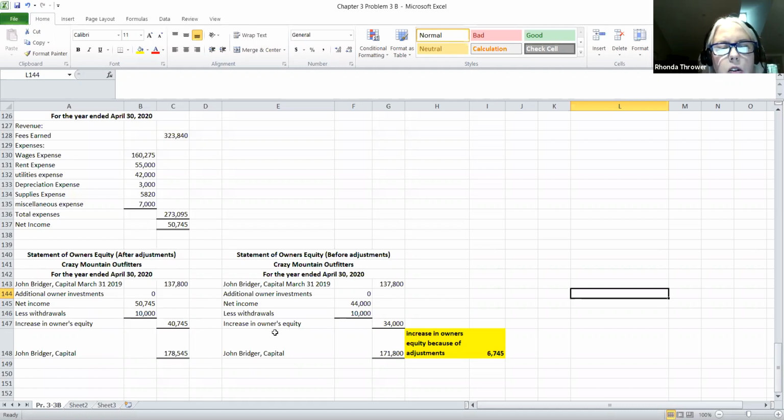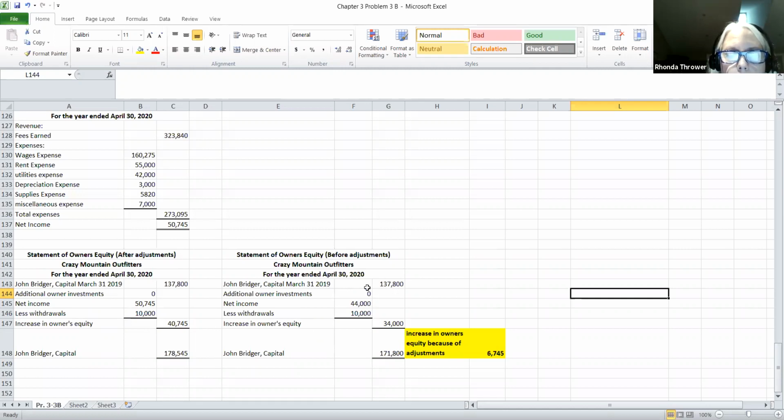Now, what I did to show you what they wanted you to determine, which was whether or not owner's equity increased or decreased, and if it did, how much was it and why was it? This is what would have happened if we had created the statement of owner's equity before adjustments. You should never do this, class, but this was what would have happened.